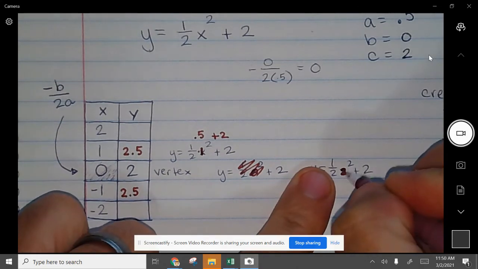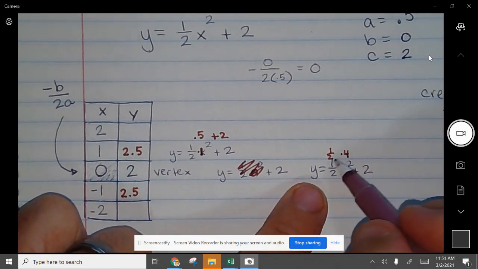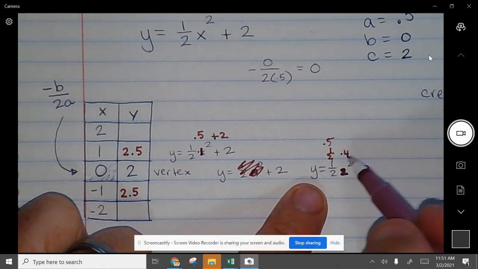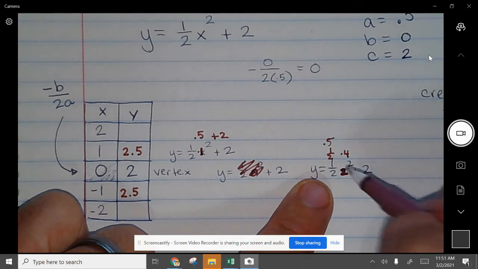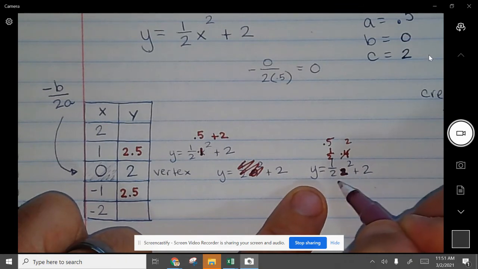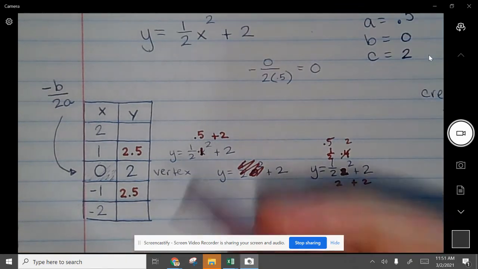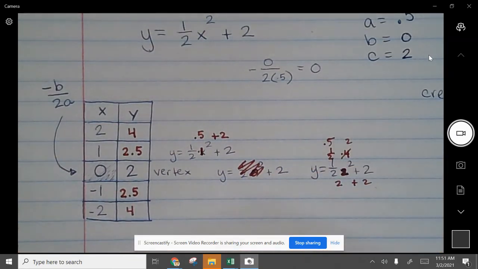All right, 2 times 2 is 4. 4 times 1/2, or 0.5, if you did 0.5 too. Whenever you multiply something by 1/2, you're just cutting it in half. So half of 4 is going to be 2. All right, so all of this equals 2, and then 2 plus 2 equals 4. And there is your table.